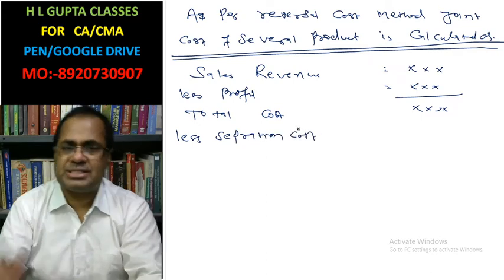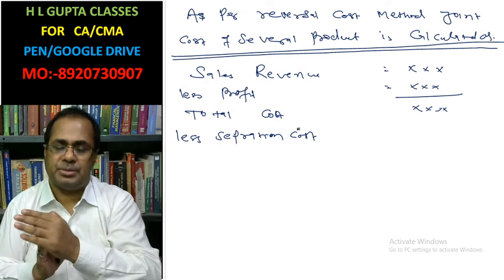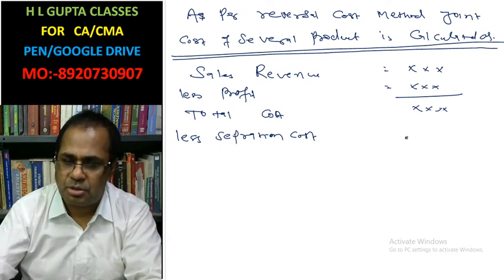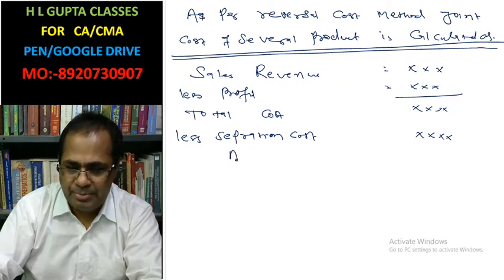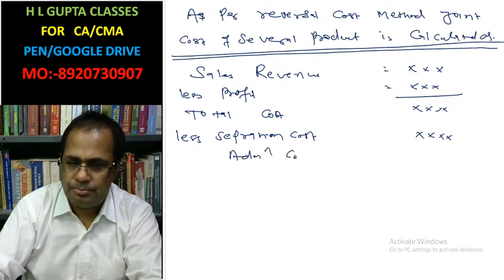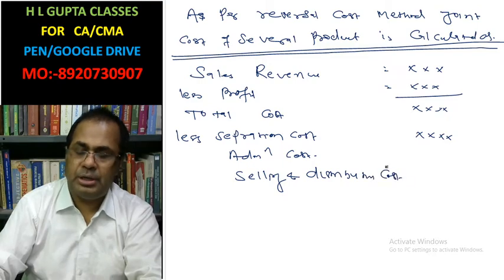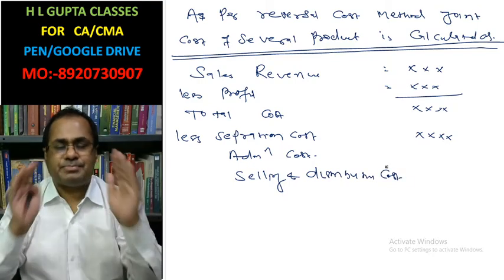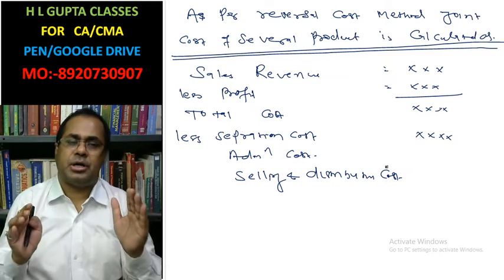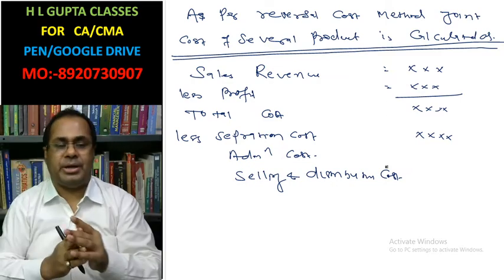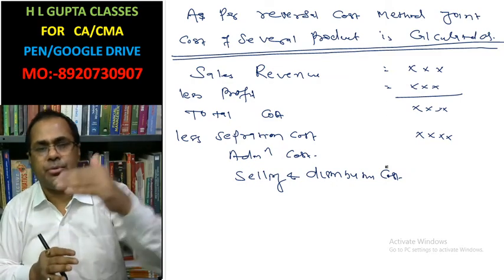Separation cost means separate cost, and it includes administrative cost, selling and distribution cost, and any expenditure incurred after the split up point, after the split up of the individual product.